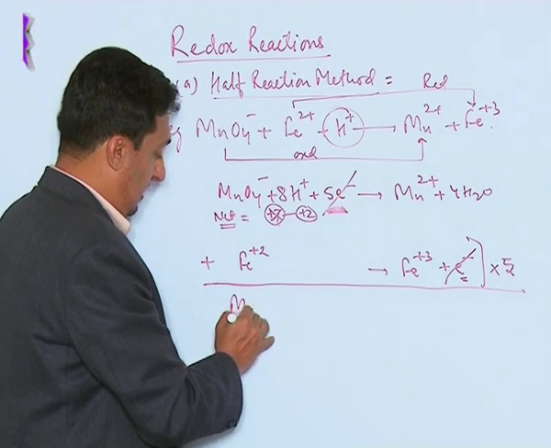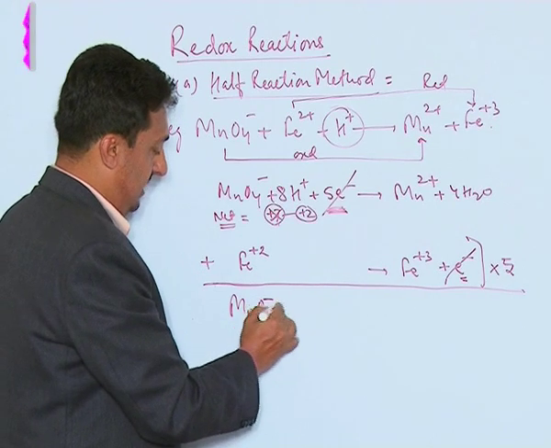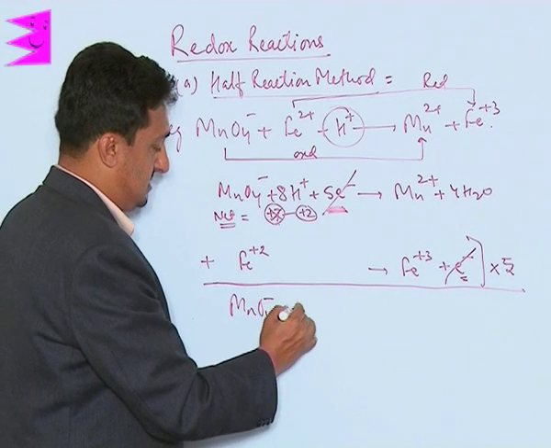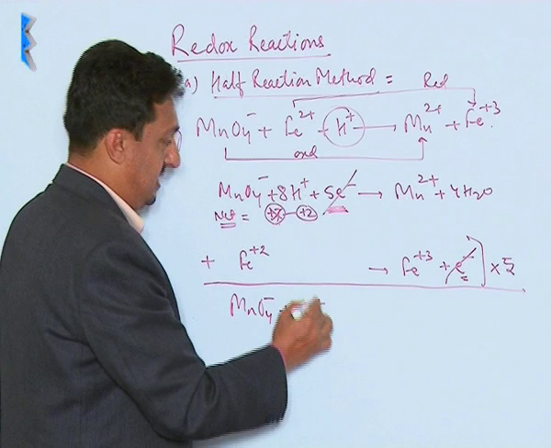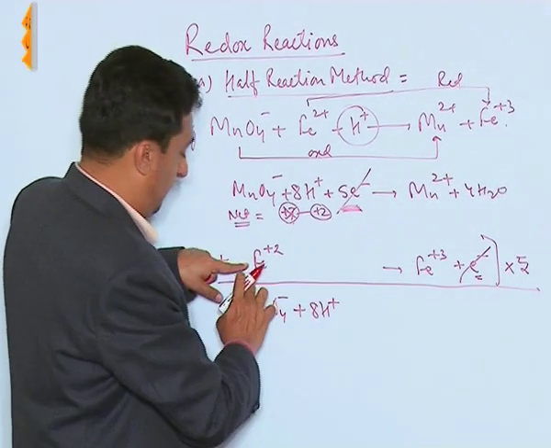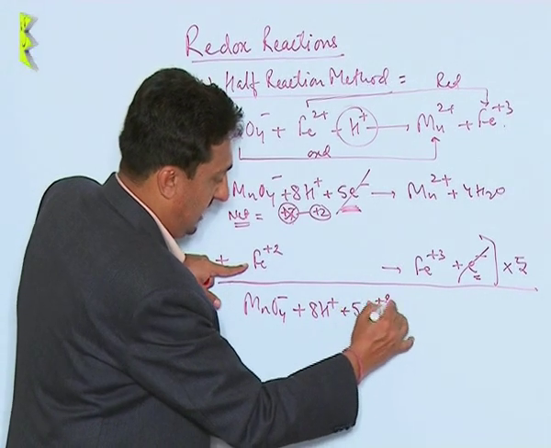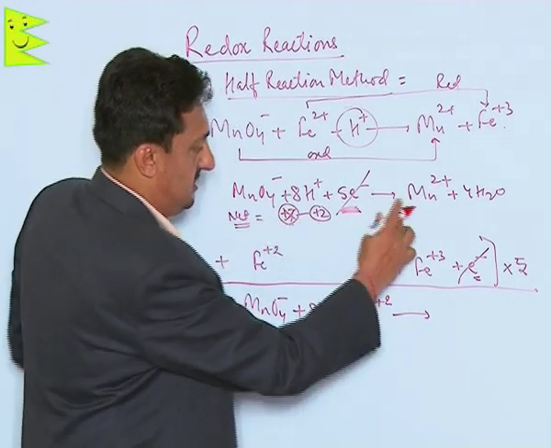It will be MnO4 minus plus 8H plus from this first half. This Fe will be multiplied by 5, so there will be 5 ferrous ions giving you what?